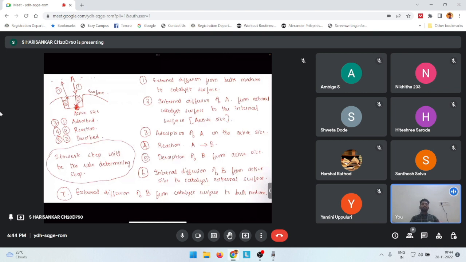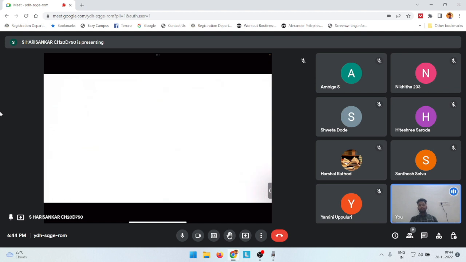So that is basically the rest of the catalysis part. So let us slowly see how we can derive the rate equation for some of these scenarios.